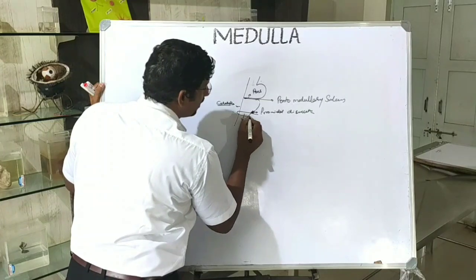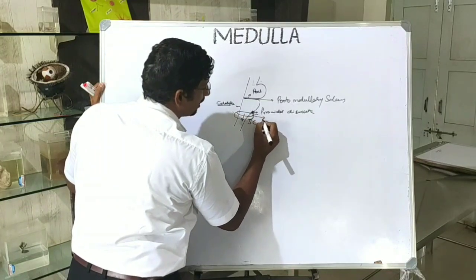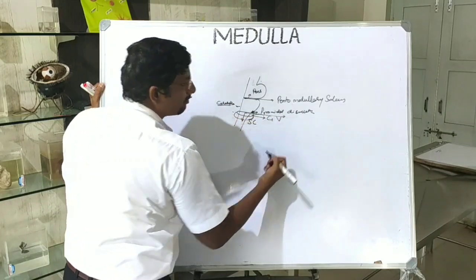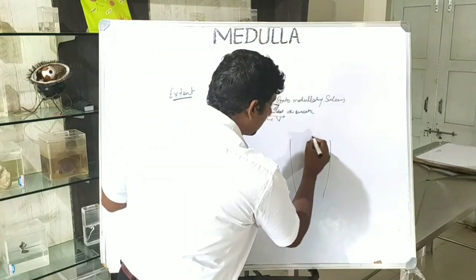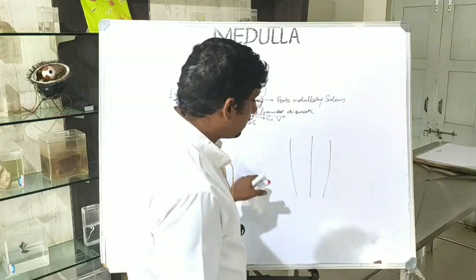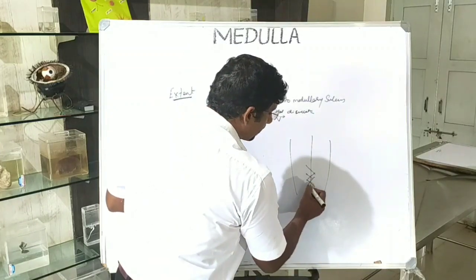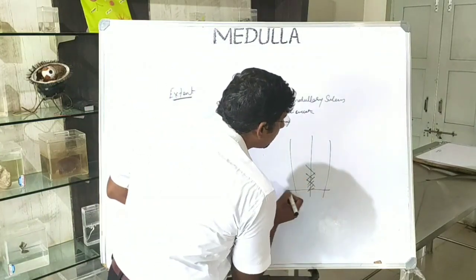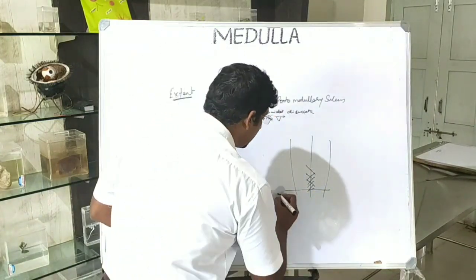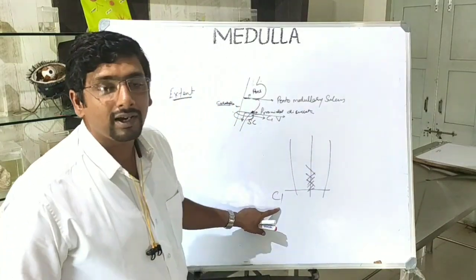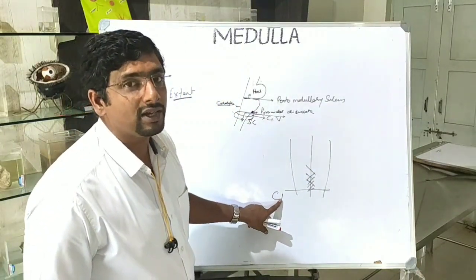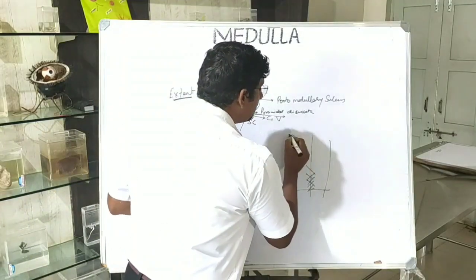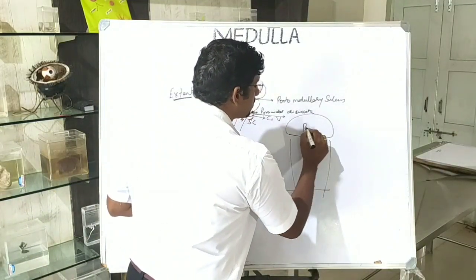The first cervical vertebra is the C1 vertebra, the atlas. The medulla oblongata at the central fissure has the pyramidal decussation. At the lower level of the pyramidal decussation, usually the upper border of the C1 atlas vertebra will come. Above it is the pons.